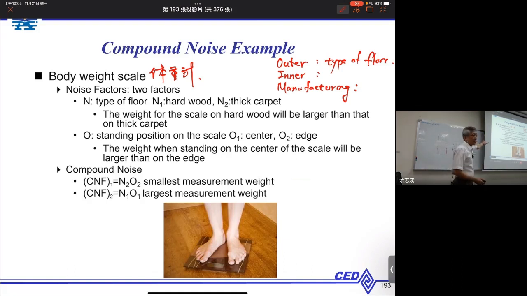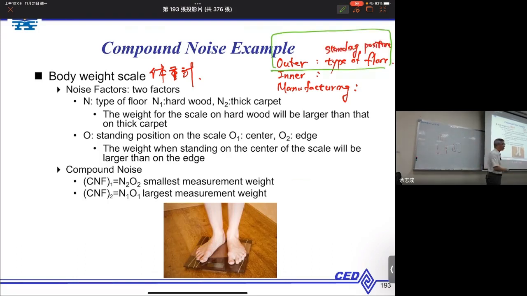So in this case, if we consider only these 2 noise factors, one is the type of floor, the second one is where the user stands on the scale, and we already know the influence direction. Therefore, can we come up with a combination of this floor and position?